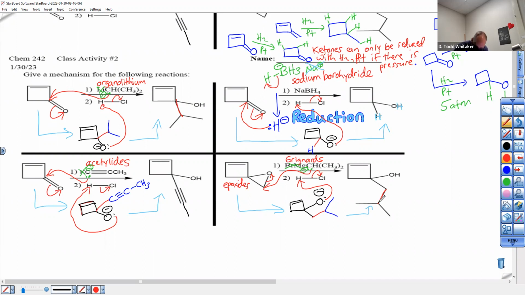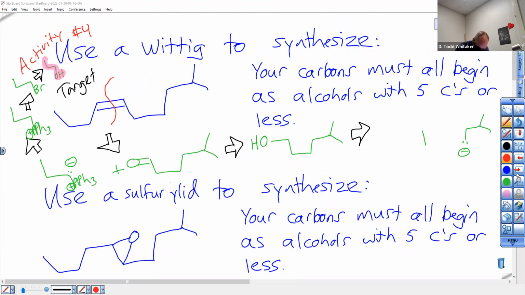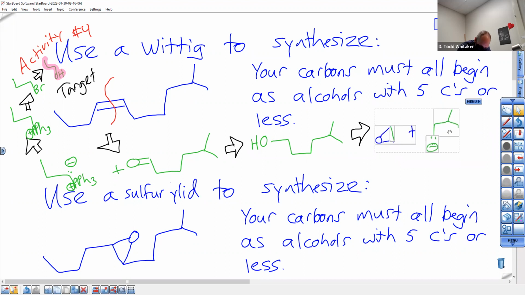Epoxide. So the minimum epoxide is 2 carbons, correct? And we need 2 carbons. Those 2 will combine to give that alcohol. Are you seeing it at all?